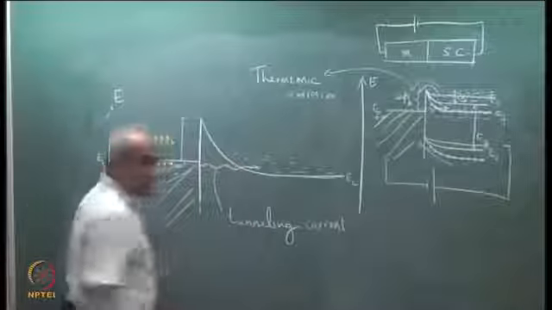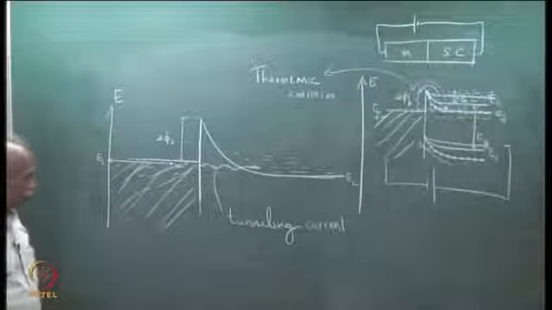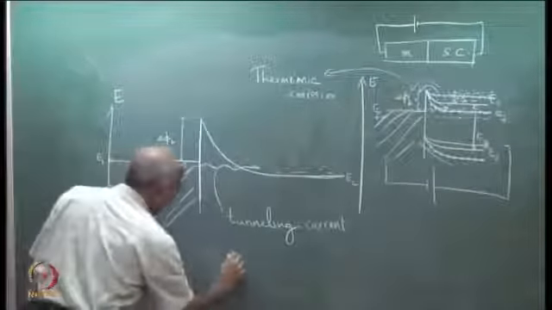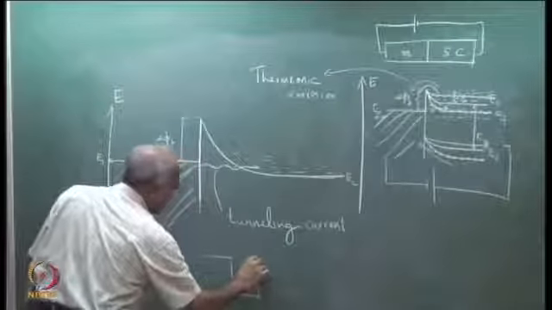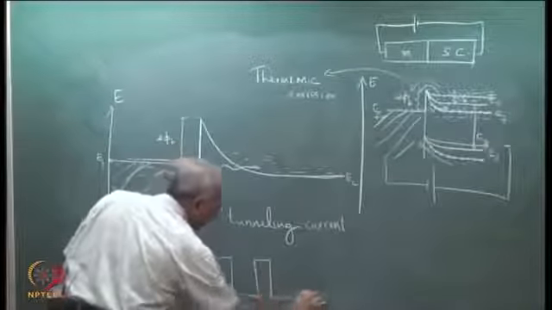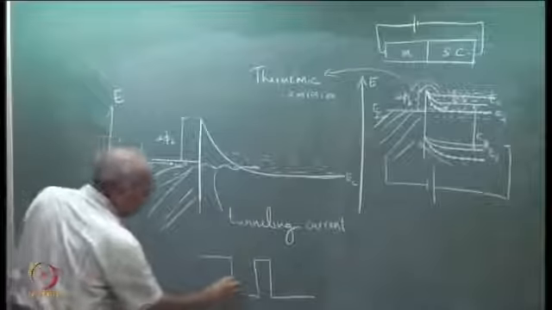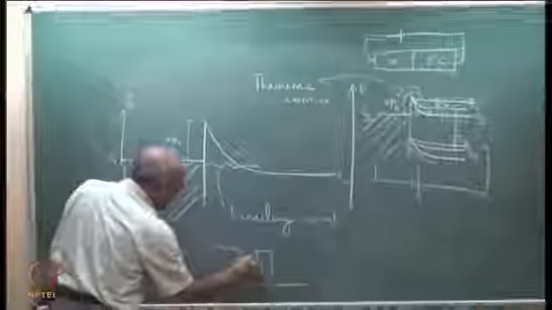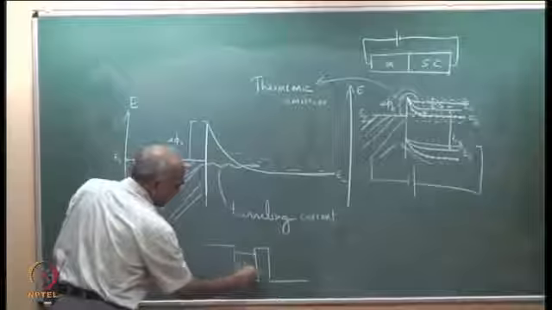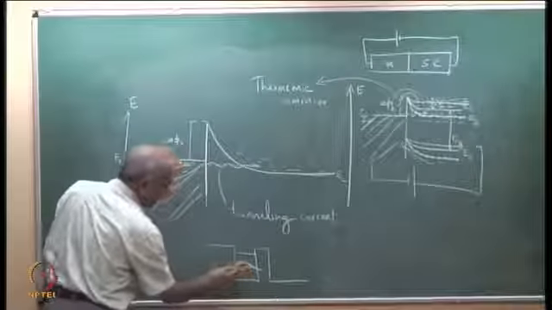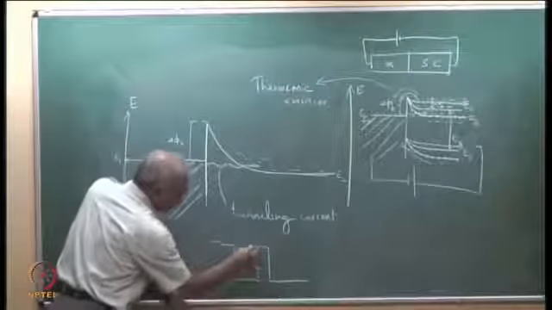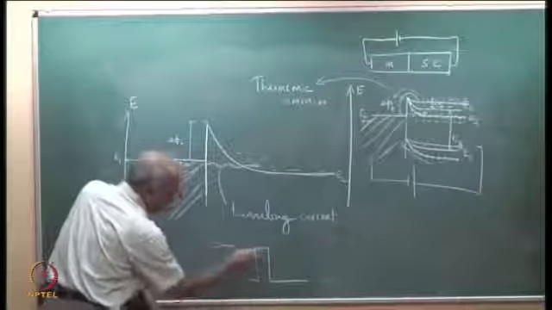Tunneling is a quantum mechanical concept. I am sure all of you have studied basic tunneling at some stage or the other. But the important point to see is, if you have a potential well, let us say there are electron states which are permitted here, and this is the well and this is the barrier.